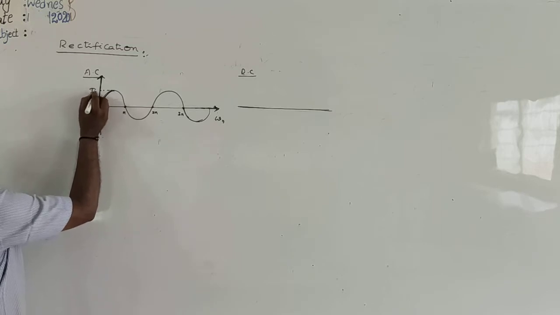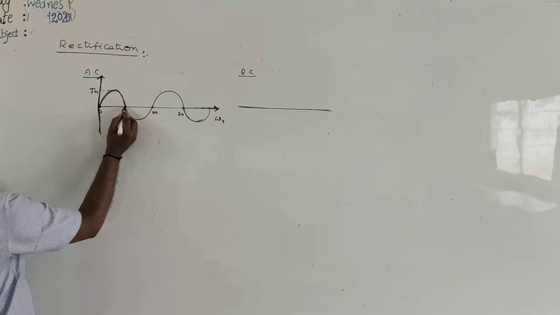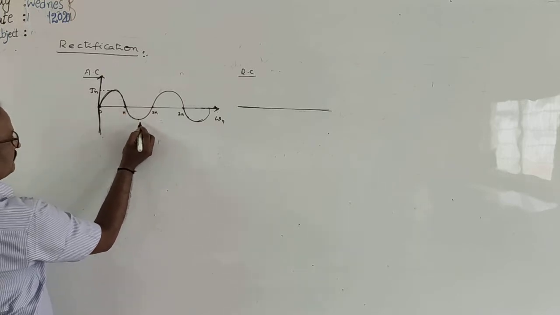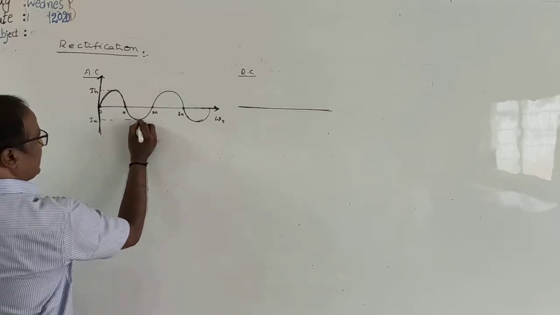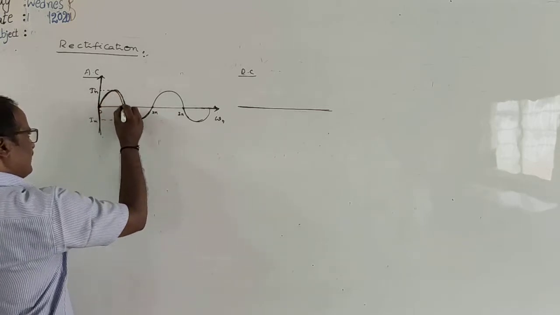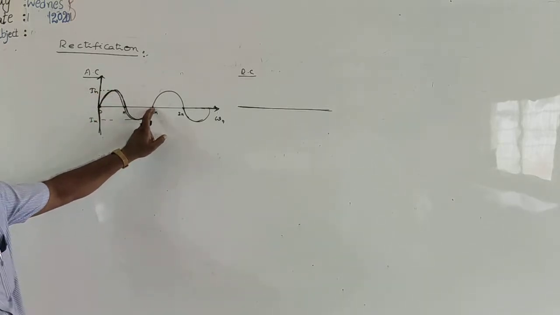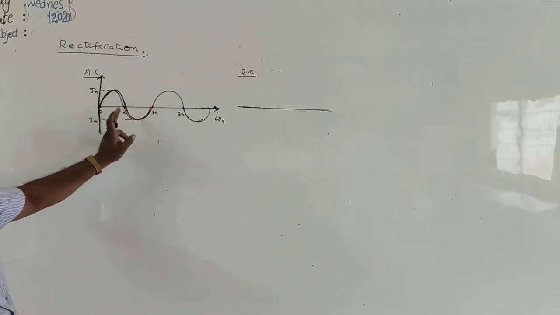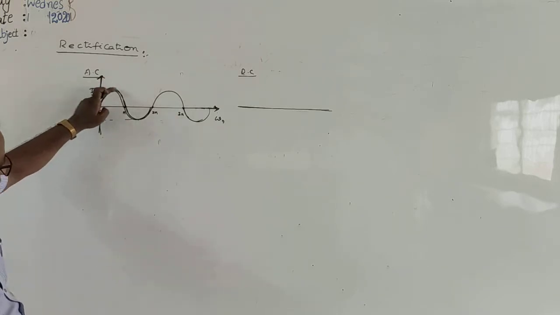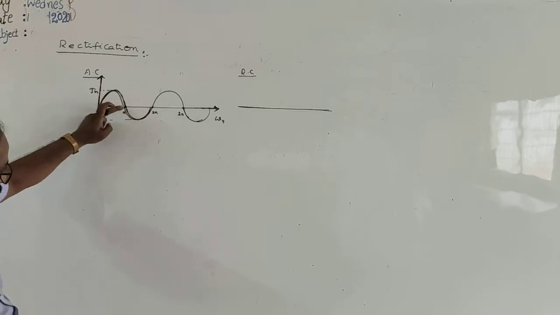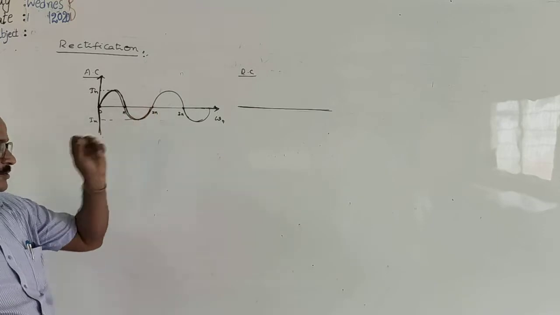This is the maximum value of current. Then the current decreases to 0, increases in the opposite direction and becomes a maximum value in the opposite direction. Again it decreases to 0. This is one complete cycle, you know. In this complete wave, the current increases from 0 to maximum and maximum to 0, again 0 to maximum in the opposite direction and again from maximum to 0.